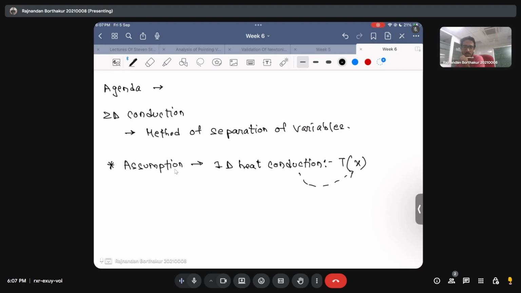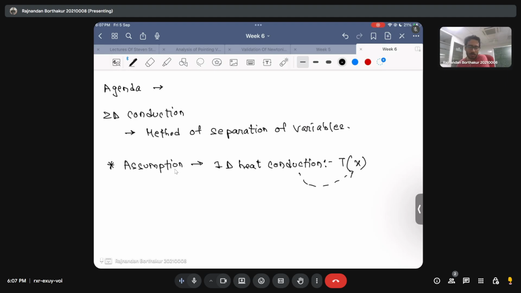So what we are going to do today is increase the dimensionality. We will ask what will happen if we have temperature variations taking place in two directions, let's say the x and y directions. In principle, you can apply the method of separation of variables that we will see today.